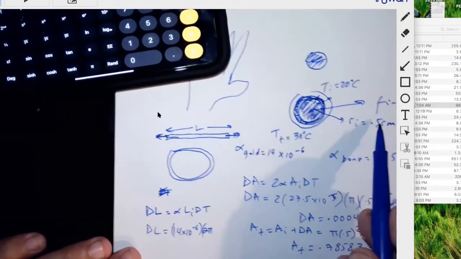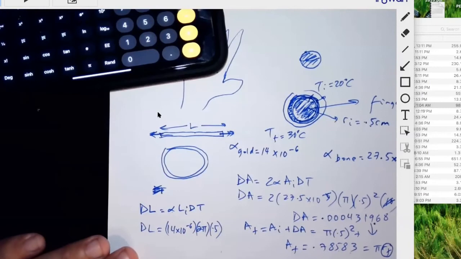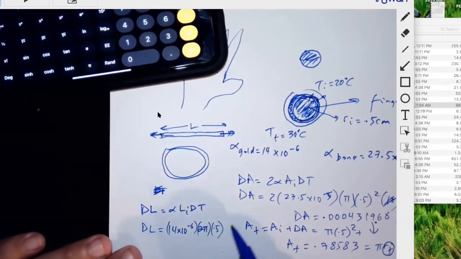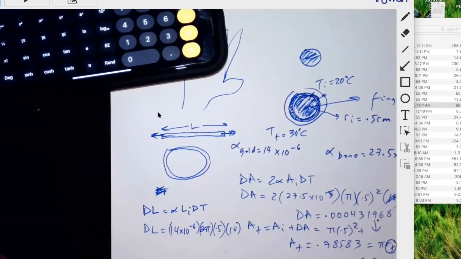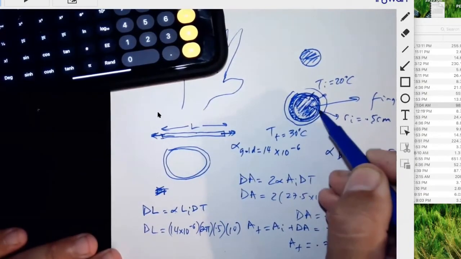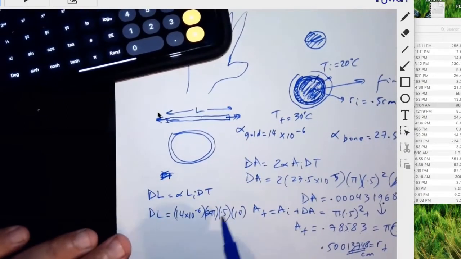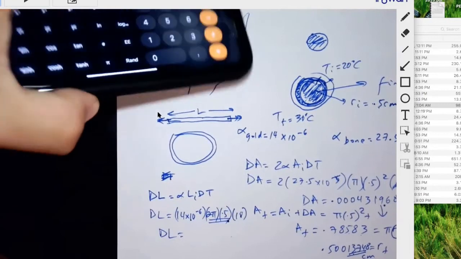The thickness of the ring doesn't matter at all. So it's 2 pi times 0.5, and delta T is 10. That tells me by how much the circumference of the inner portion of the ring increases. Now let's see what that gives me.